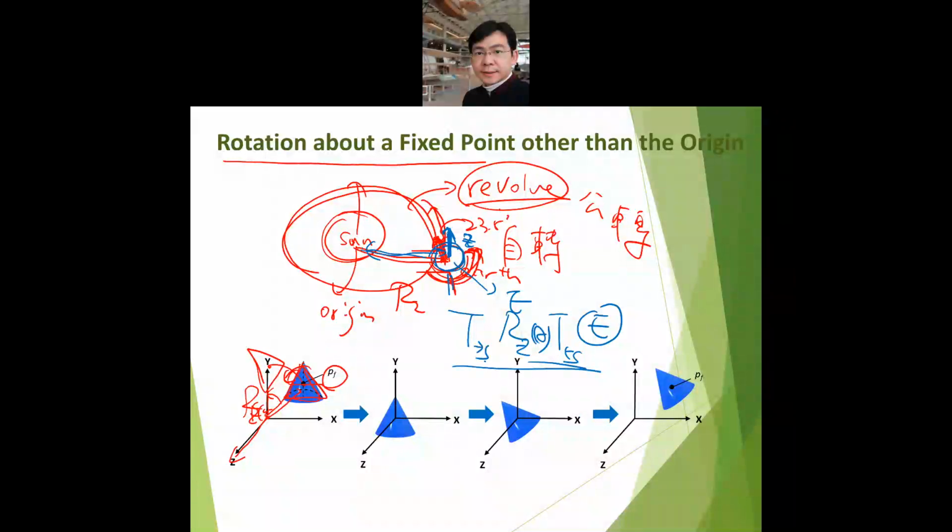And if we want to concurrently rotate around our own axis and also revolve, then after the rotate, we can apply the revolve, such as Ry phi here.